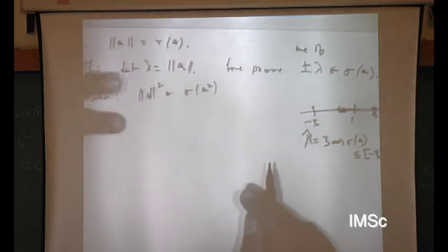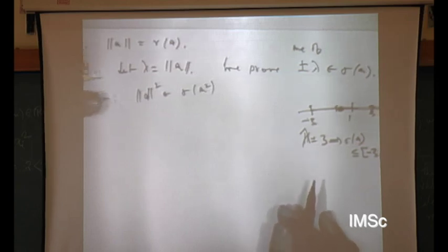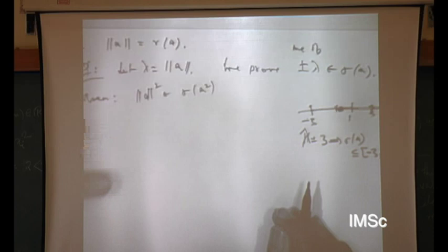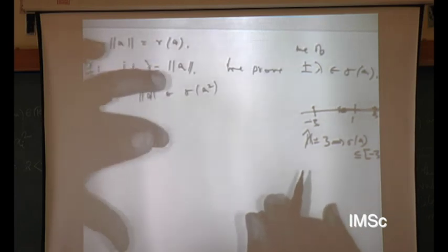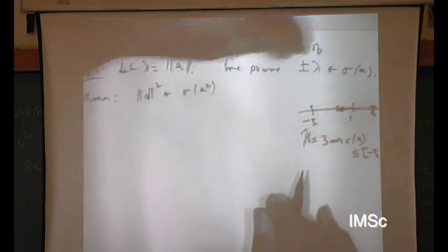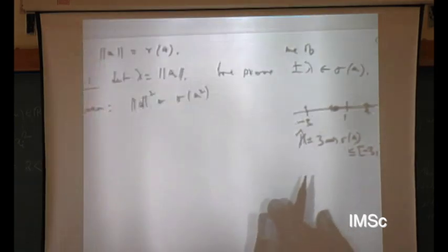By the spectral mapping theorem, it is enough to prove this. The spectrum of A squared is the image of the spectrum of A under the squaring map. So if I prove that the square of the norm of A is in the spectrum of A squared, it will prove that either plus or minus norm A must be in the spectrum. This is what we have to show.